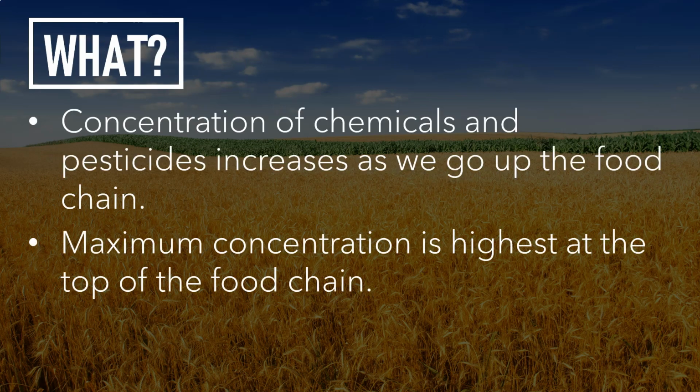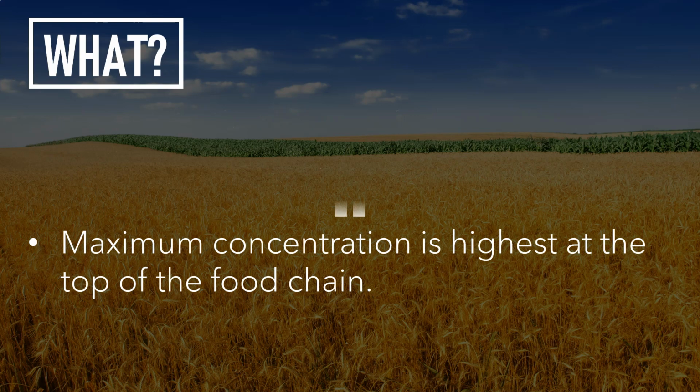So reverting back to our definition here, we can add another point: the maximum concentration of any pesticide is highest at the top of the food chain. And if you didn't know, we, humans, are at the very top of the food chain, thanks to our development in weapons and superiority in technology.